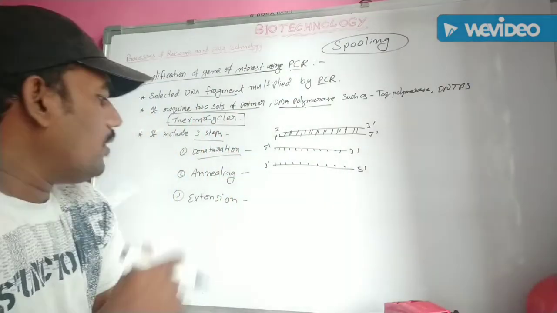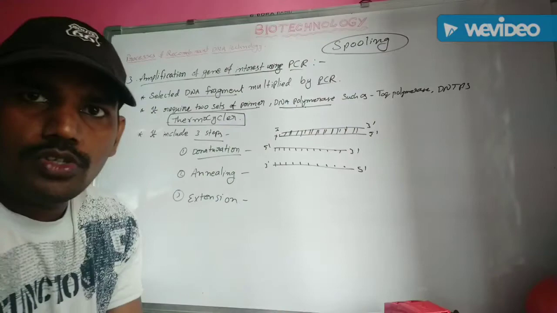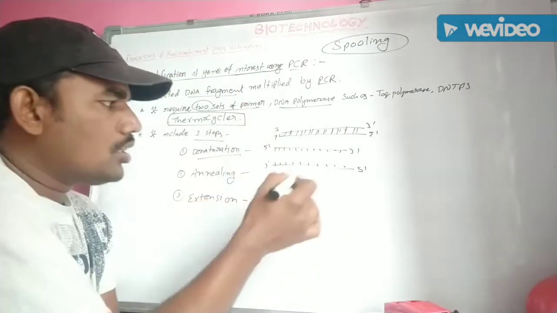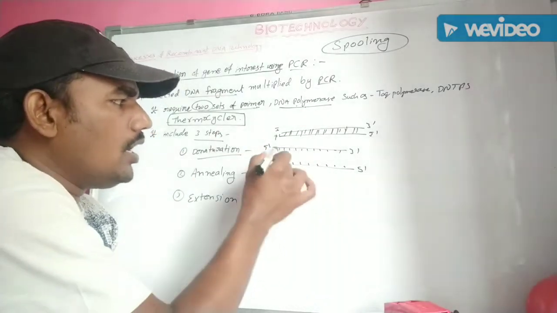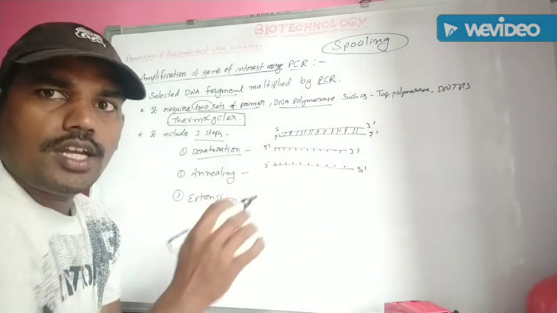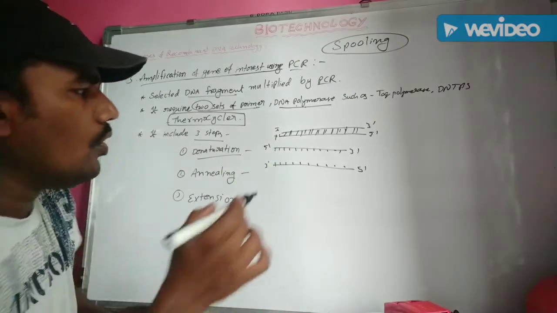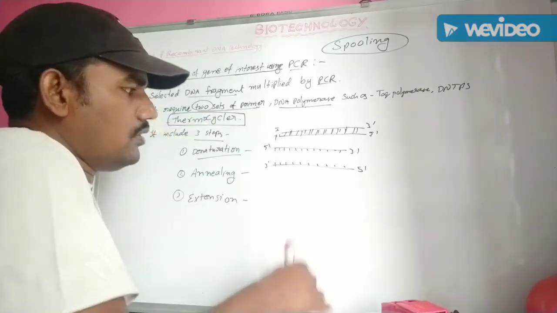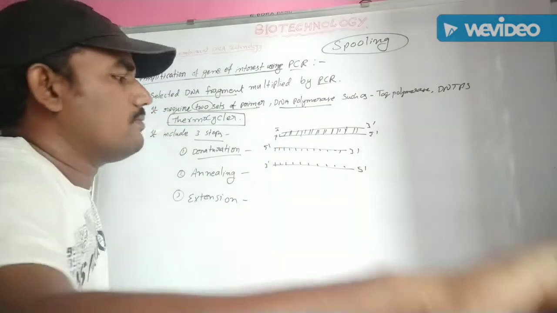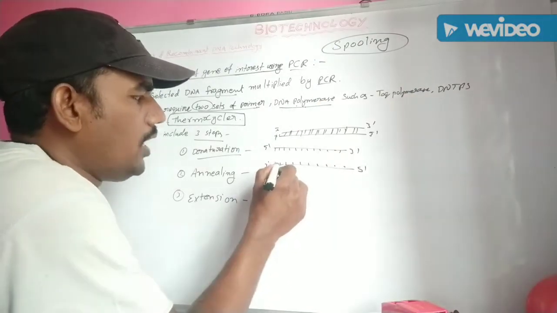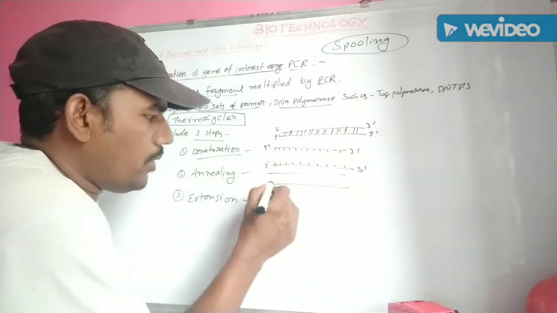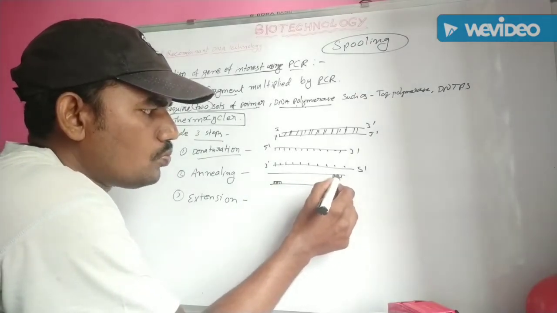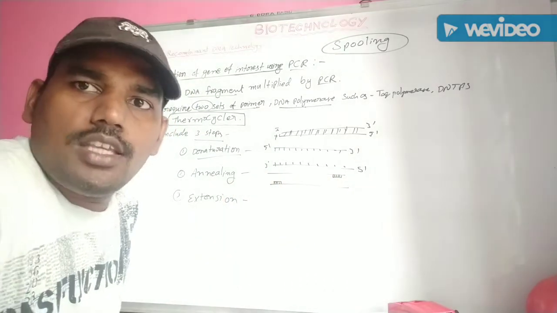The next one is annealing. The annealing process means we are using two sets of primers. The two sets of primers are added to these separated DNA strands. Suppose this one is the DNA strand, and the primer is added. Primer means a small nucleotide RNA sequence.